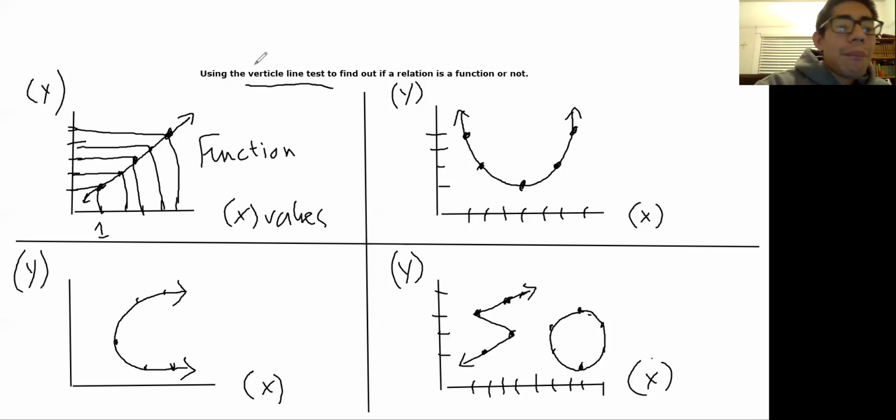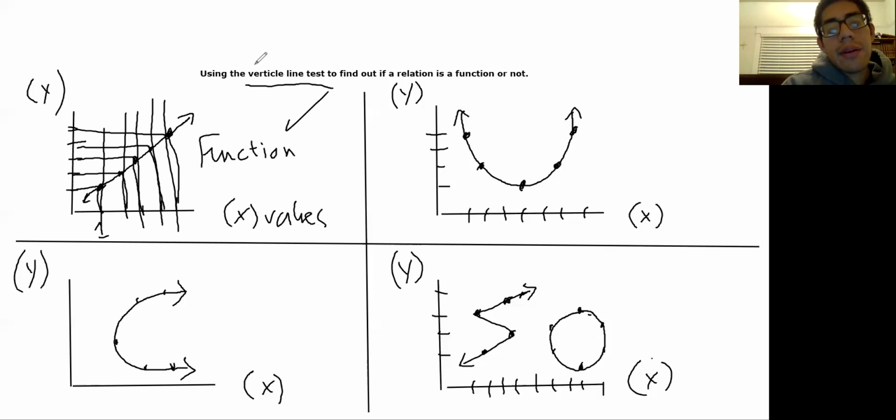Well, because there's only one. The vertical line test basically means we're going to draw a line that goes up and down on every x value. You see how there's a dot there? I drew a line, and there can only be 1 dot per vertical line. So if there's only 1 dot per vertical line, it's a function, like right here.